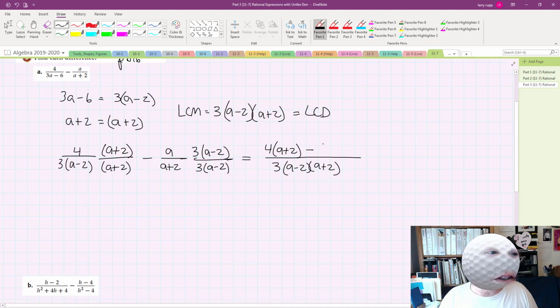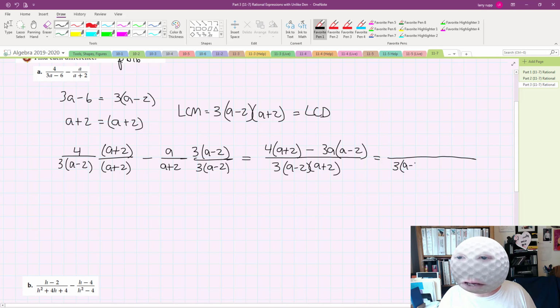When you're subtracting this quantity here, okay? So it's a times 3, which is basically just 3a, times the a minus 2. Alright, so those are the two terms that we have. And again, we'll do it again over the common denominator of 3 times a minus 2 and a plus 2.